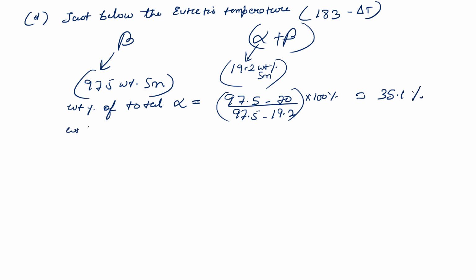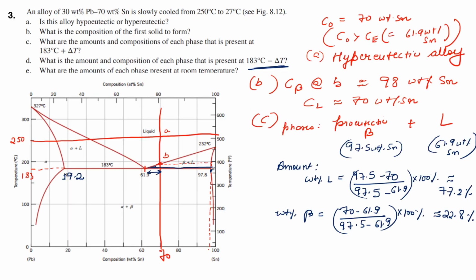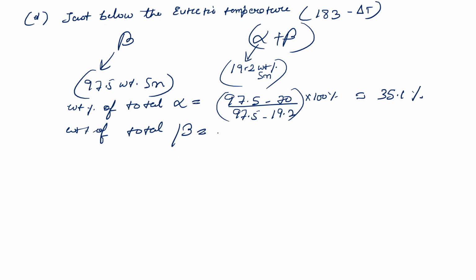And the weight percent of total beta can be given by, again, this is the beta phase, so the weight percentage is this part, so 70 minus 19.2 divided by 97.5 minus 19.2. That should give me 64.8%, right?